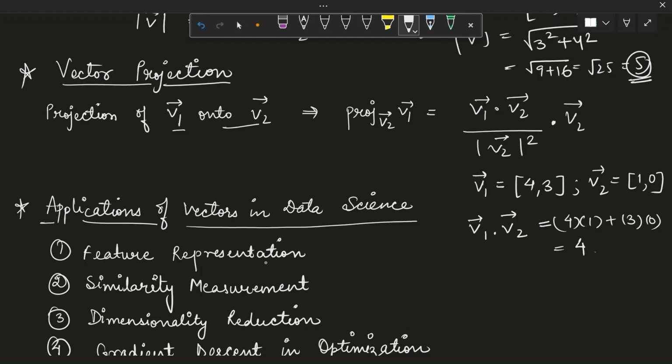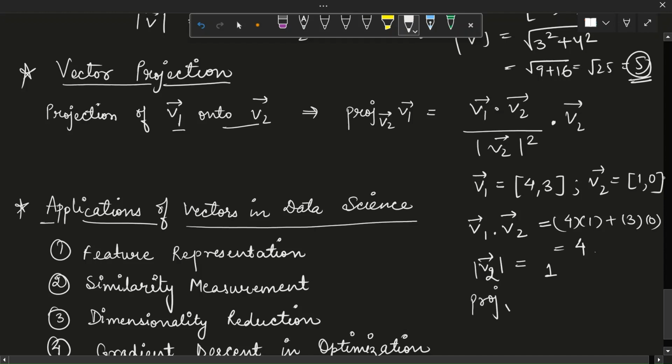Then we need to calculate the magnitude of our v2 vector, which will be 1 only, after you substitute into the Euclidean formula. And finally, for the projection, we will get 4 by 1 times the vector 1, 0. So this becomes a scalar quantity, and as we know about scalar multiplication, our projection will be 4, 0.